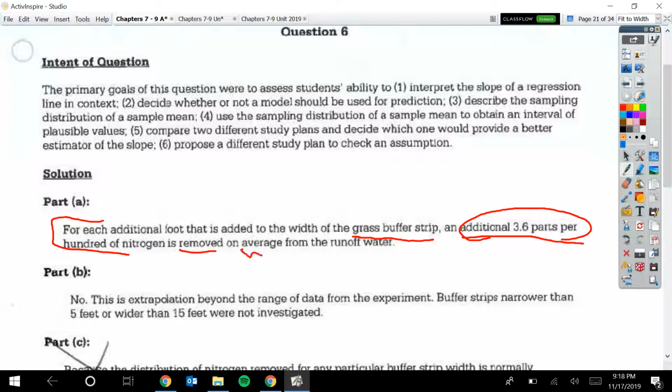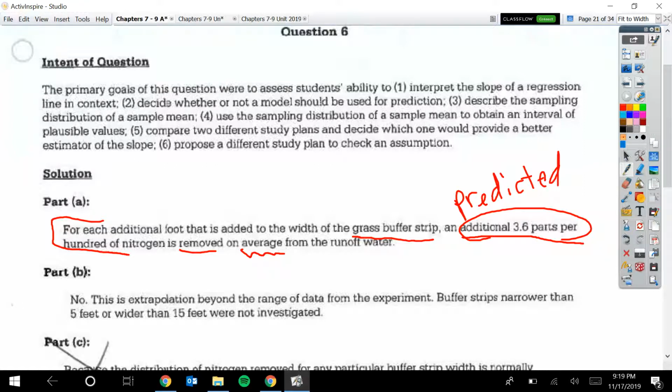Now, they use the words on average. We use the word predicted. Don't do both, just one or the other. For every 1 foot increase in the grass buffer strip, the predicted nitrogen removal increases by 3.6 parts per 100.